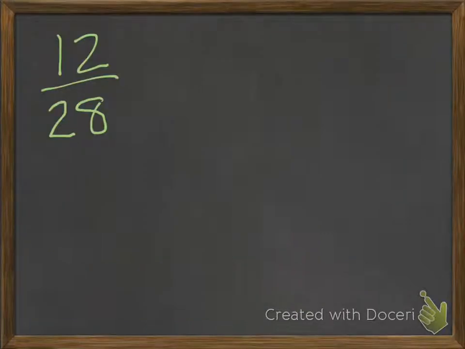I just found the greatest common factor being 4, so that means I can divide both numbers by 4 evenly. And it was the greatest common factor, so once I do that, I'm going to have my fraction in lowest terms. So 12 divided by 4 is 3. 28 divided by 4 is 7. So writing 12 over 28 in lowest terms is 3/7.